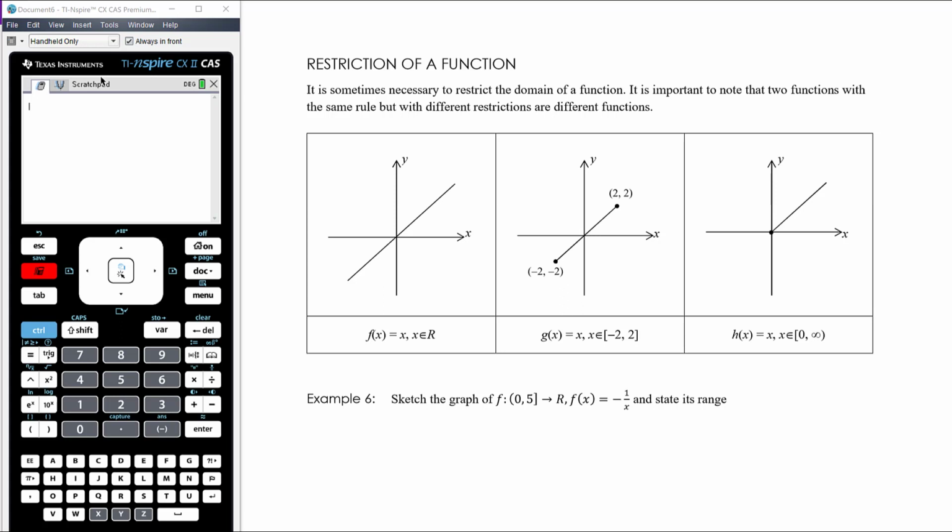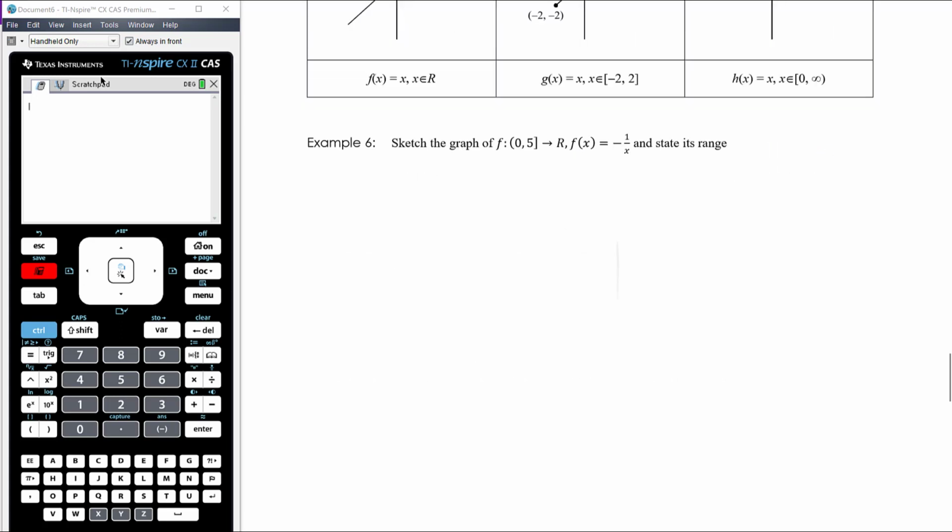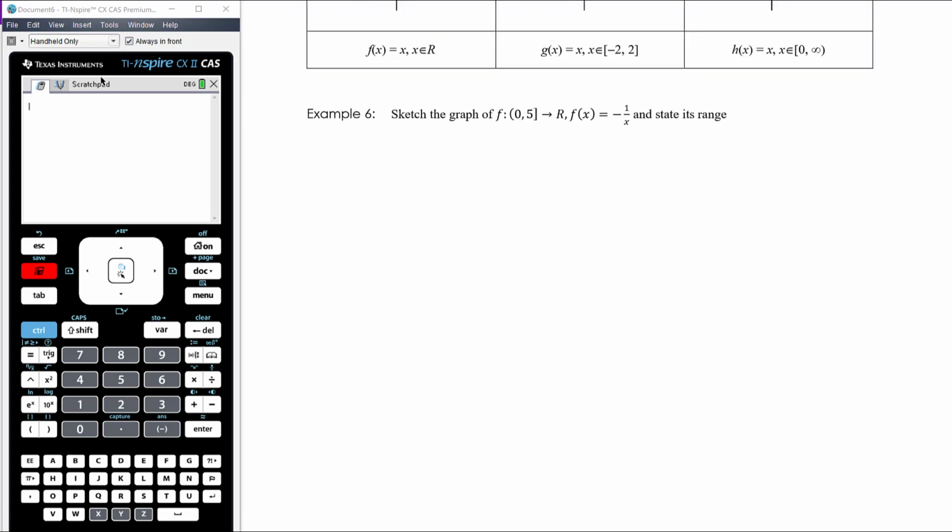The second one, the domain is from -2 to 2 inclusive, so we're looking at just a section of that line with included endpoints. And then the third one is just where x is bigger than or equal to 0. So again, we're looking at an unlimited section. It goes on and on forever out this way, but it has an endpoint that is marked with a solid circle.